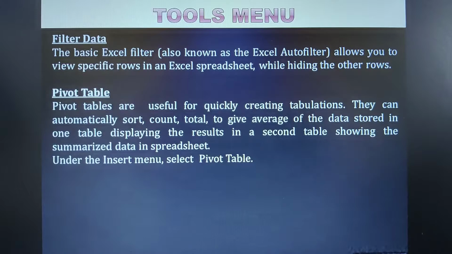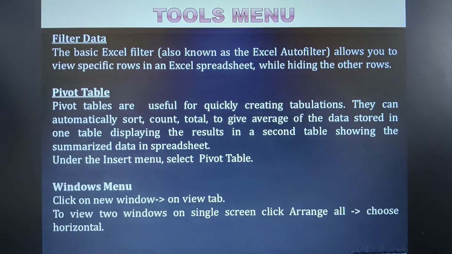Then you can go for a pivot table. If you want to perform quick calculations, like applying sorting, or getting a count, average, minimum, maximum, you can get all of these automatically by using a pivot table. Now where does this option exist? Under the insert menu we have the pivot table option.